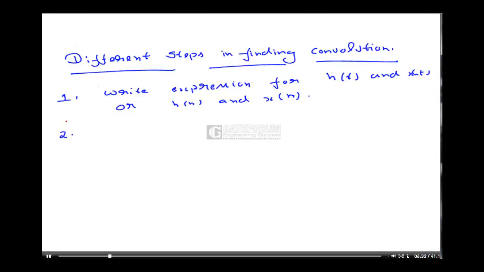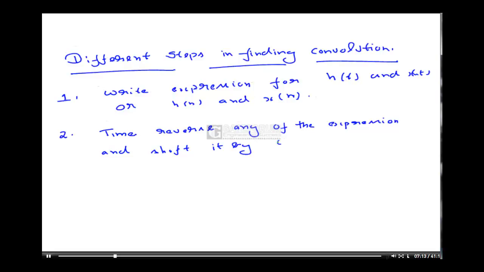Now we'll reverse either of the expressions, either h(t) or x(t). We can reverse any of the expressions, the result is going to be the same. So I can write the time reversed expression and shift it by t.